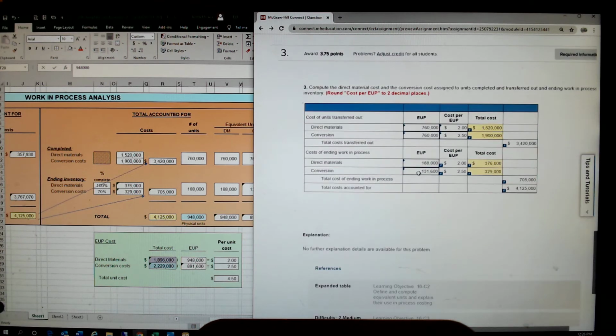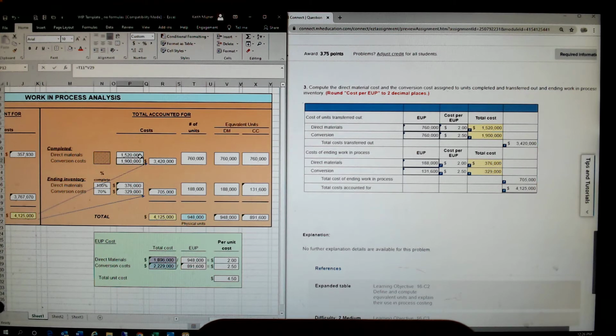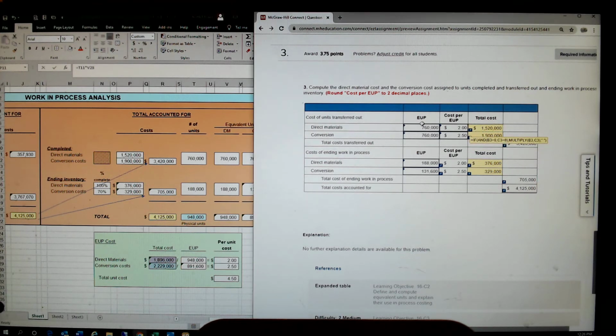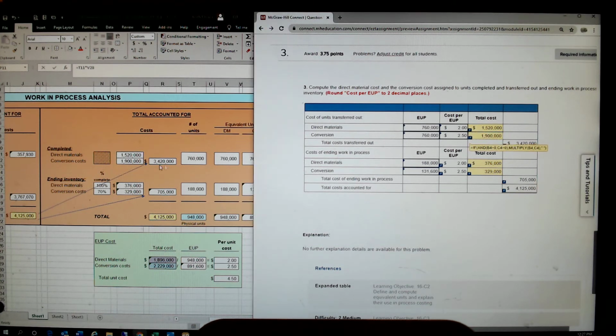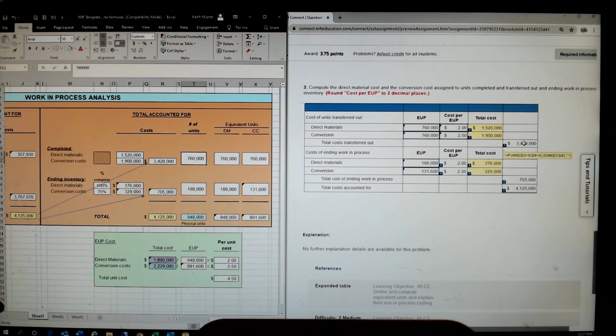Then finally, they use those costs to determine what the units transferred out were, these 760,000, and the units still here. And this is why I added this, because in this particular problem, they wanted to know the material cost, the conversion cost, and the total cost of those units completed.